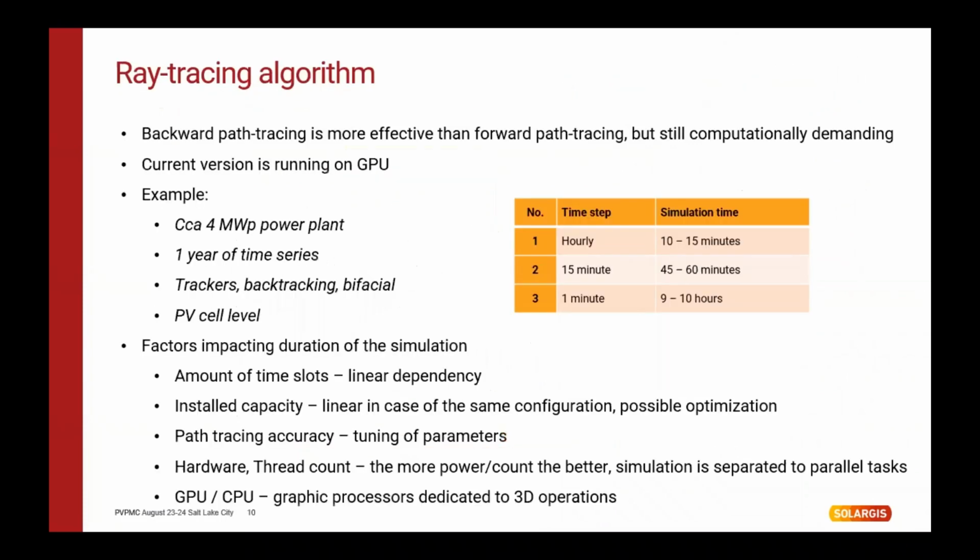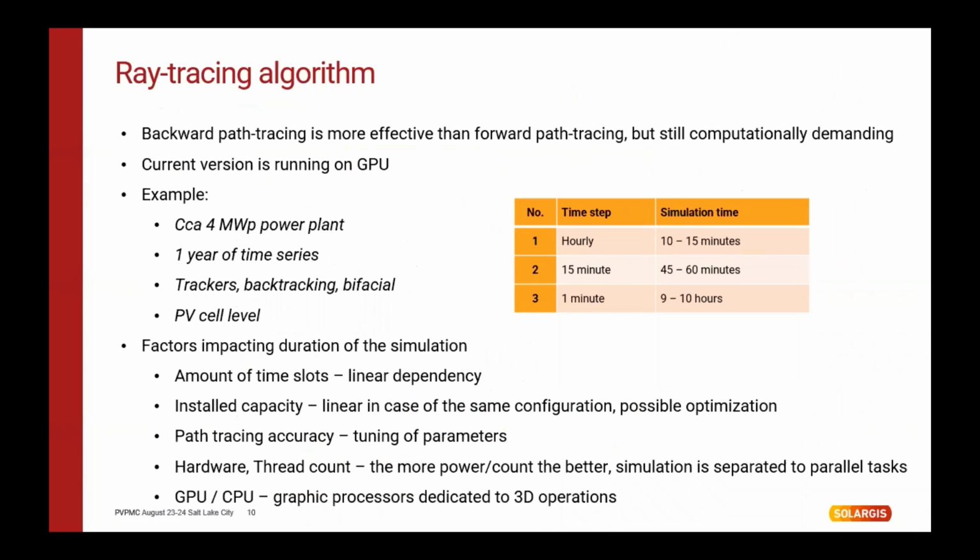Just to give you an idea, what does it mean to do ray tracing calculations? On the example of a 4 megawatt peak power plant, 1 year of time series data, with backtracking, I think it was a single axis tracker, bifacial.